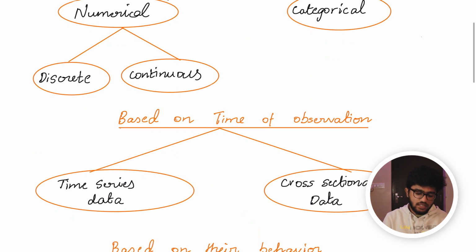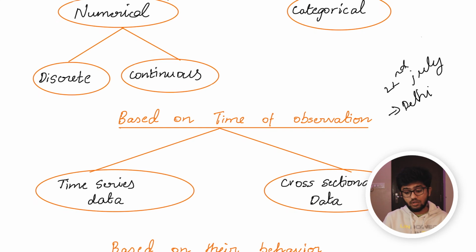Now let's come to classification based on time of observation. Time series data. It's a fancy word used in data science projects like weather forecasting. So what is time series data? For example, if you want to know the weather of Delhi on the 22nd of July, then for every hour there will be some minute changes in the weather.